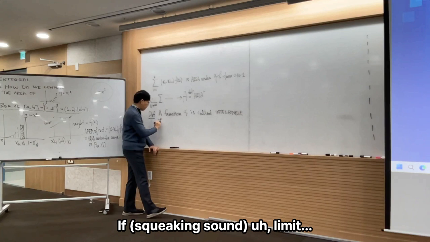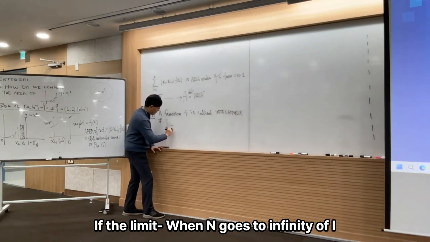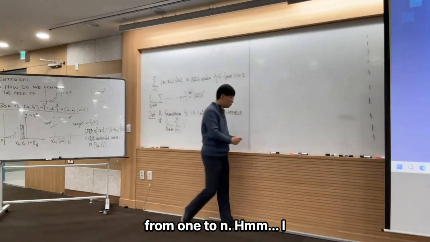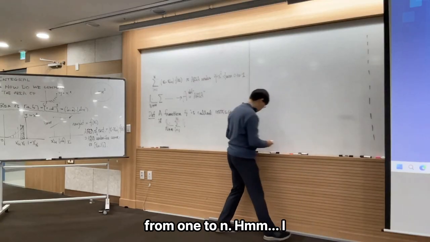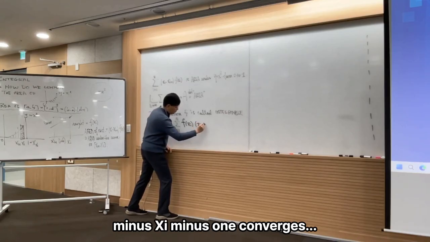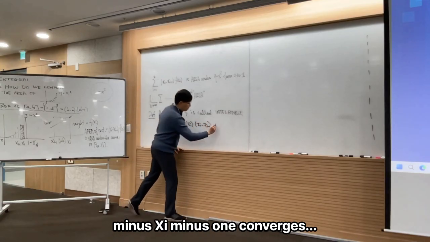If the limit as n goes to infinity of the sum over i from 1 to n of f(x_i) times (x_i minus x_{i-1}) converges.